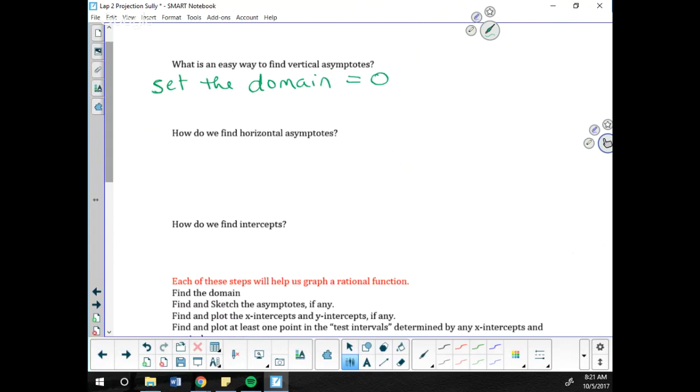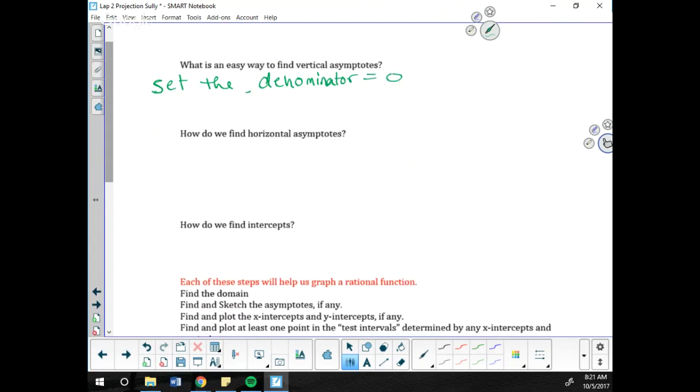Oh, denominator. Why do I keep saying that? I saw the D and just went with it. The denominator equal to 0. And I'm going to add in a little caret here, and I'm going to say the reduced denominator.